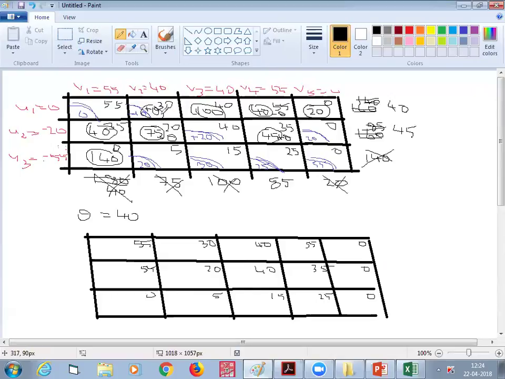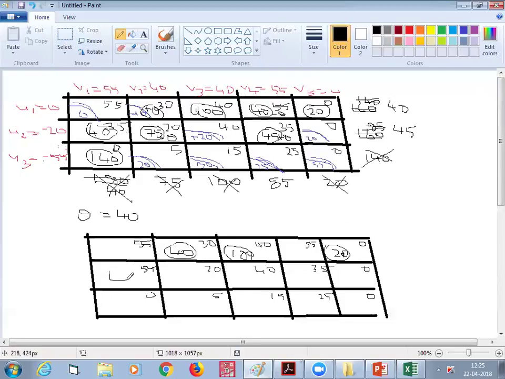Now, theta is 40. So 40 units will come here. 100 remains unchanged. This becomes empty, and this remains unchanged. So 40 has moved there.